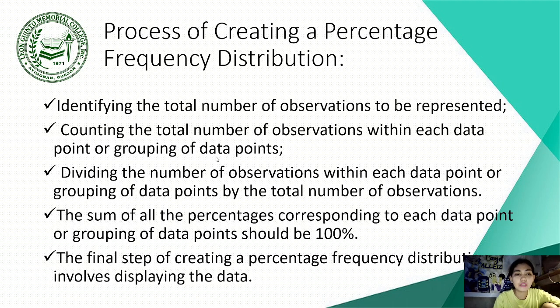The next step is dividing the number of observations within each data point or grouping of data points by the total number of observations. The sum of all the percentages corresponding to each data point or grouping of data points should be 100%. The final step of creating a percentage frequency distribution involves displaying the data.